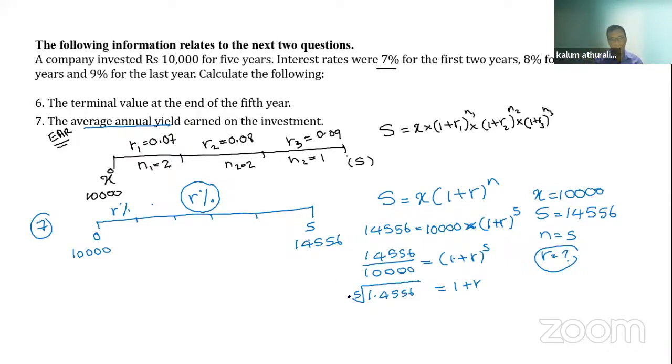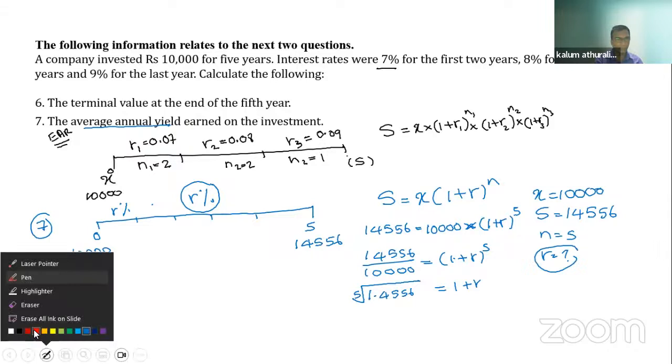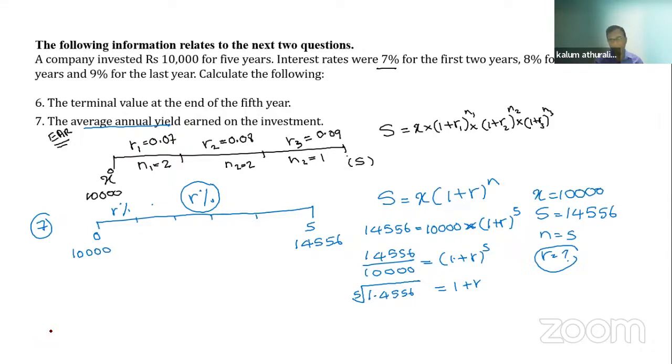So do you know how to find the fifth root? If you have a calculator, then type like this, 5. If we have a normal calculator, 5, shift, this button, 1.4556 and equal.